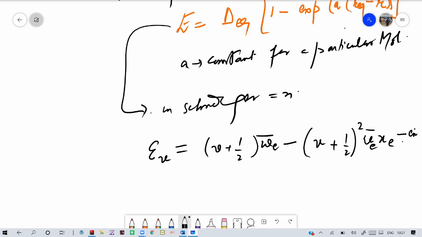But this is in centimeter inverse, remember that. And nu is again equal to 0, 1, 2.